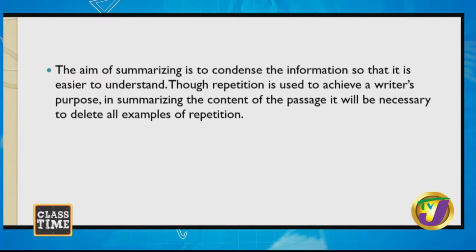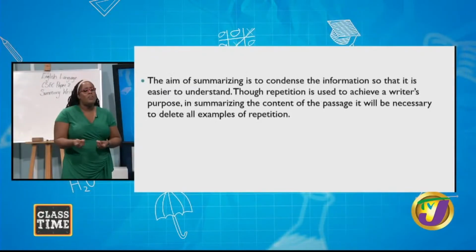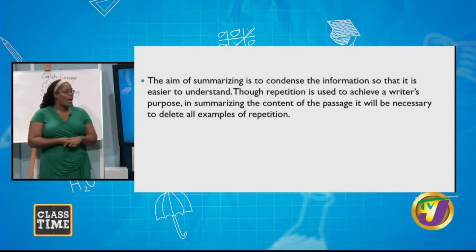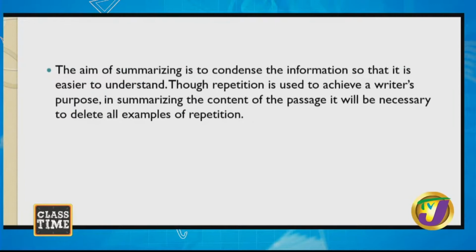Because remember, when we have the full extract, it can be a bit overwhelming and a little bit difficult to understand. So when we summarize the information, it allows us to understand what is being expressed a little bit better. Again, the aim of summarizing is to condense the information so that it is easier to understand.